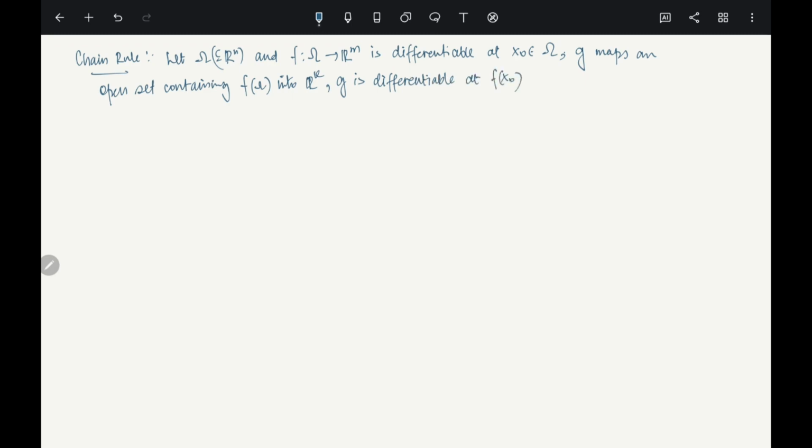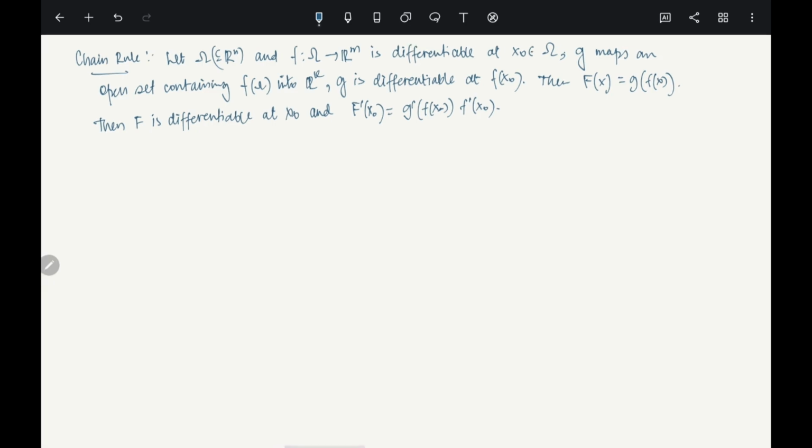Now if this is the case, and you define capital F of x to be g of f of x, then capital F is differentiable at x0, and this is very, very important. Please remember this: F prime of x0 is nothing but g prime at the point f of x0 times f prime of x0. Since f prime is a linear transformation, which is nothing but a matrix, it is an m cross n matrix.